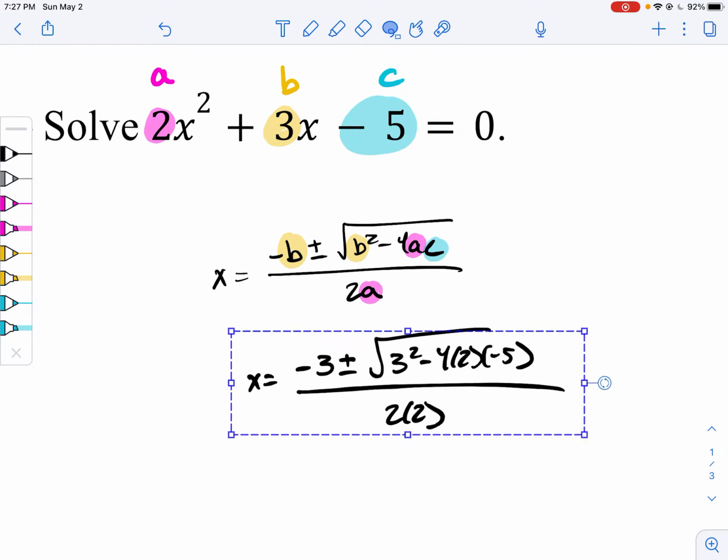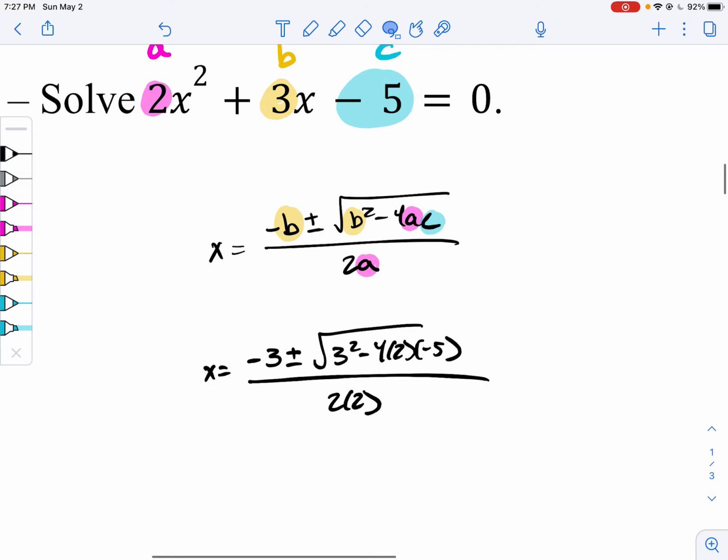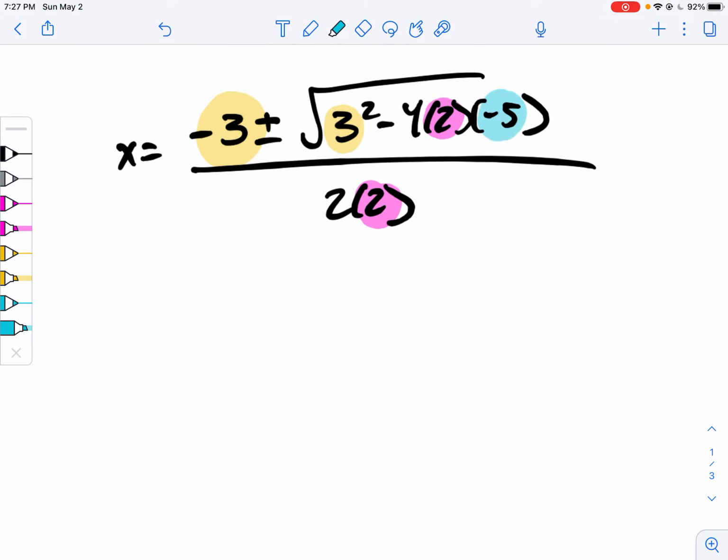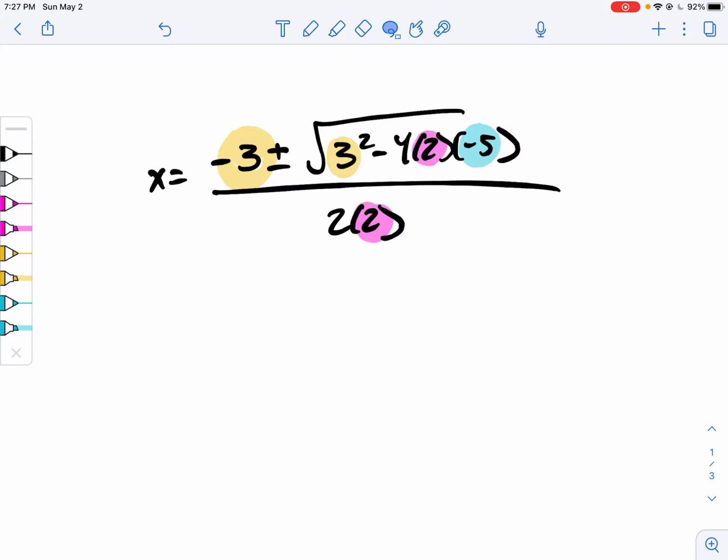Okay, well, I just switched it up. Why did I do that? Because check it out. I substituted 3 in for B. I substituted 2 in for A, on top and bottom. And I substituted -5 in for C. And once we have that, we could just clean it up. Because guys, guess what? This is what x is. Yay, that's our solution.